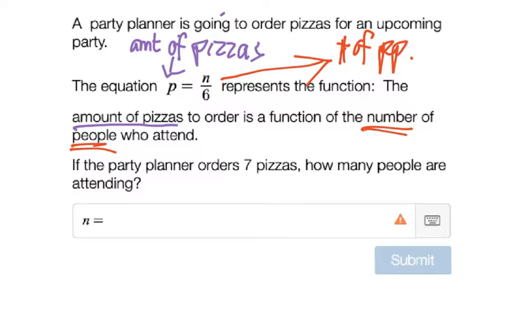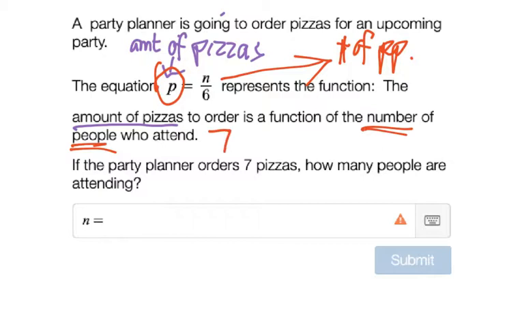So, if the party planner orders 7 pizzas. So, if I order 7 pizzas, how many people are attending? Well, that means P is 7 pizzas.